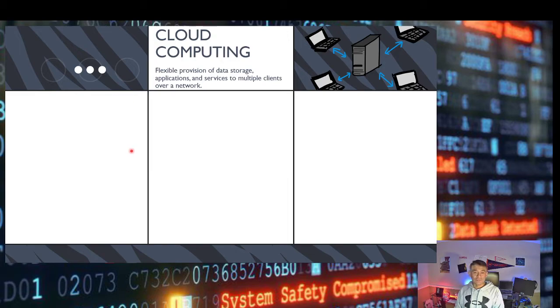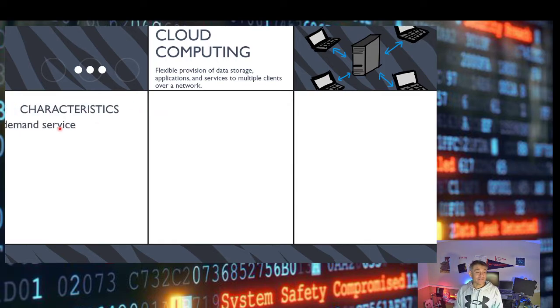Cloud computing. So now we are moving away from the virtualization concept and now moving to the expansion of virtualization in the cloud. So cloud computing is the flexible provision of data storage, applications, and services to multiple clients over a network.